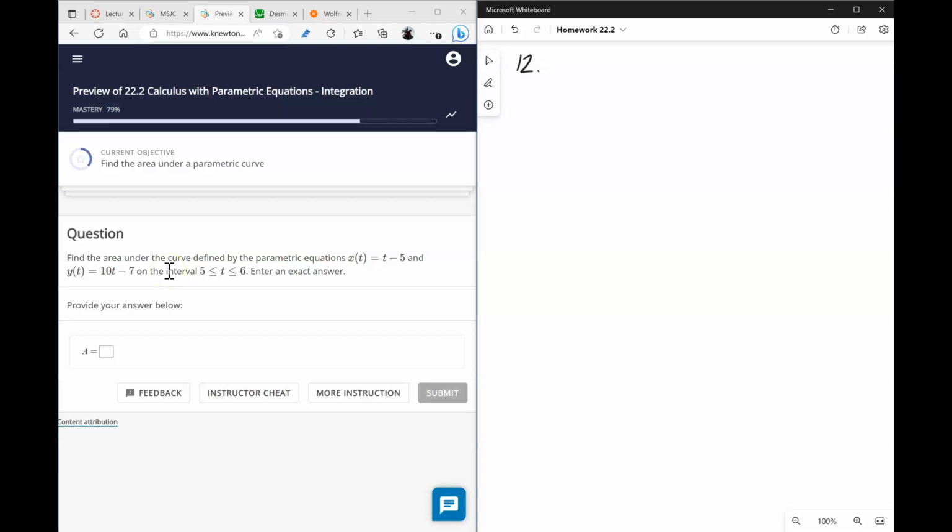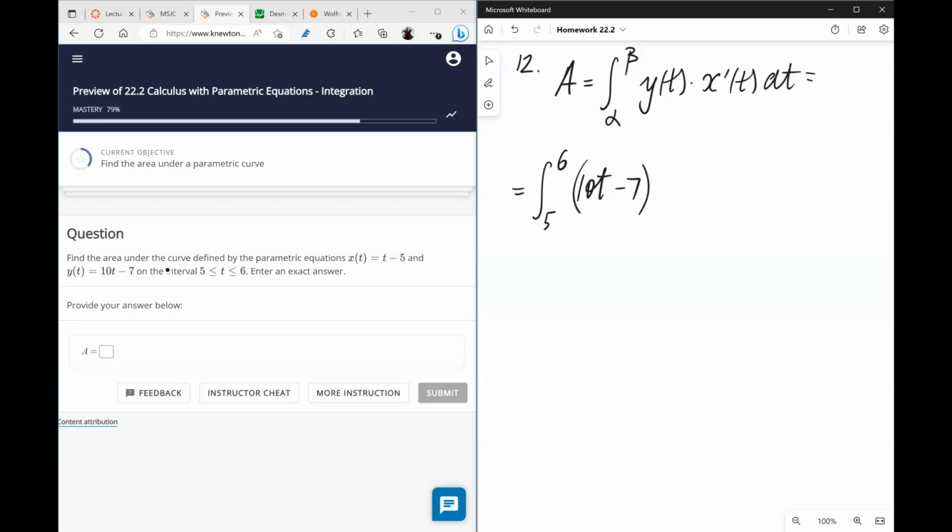Now we have to find the area. So just like before, we're going to set up the integral from alpha to beta of y of t times x prime of t dt. So in our case, we have integral from 5 to 6. y of t is 10t minus 7.